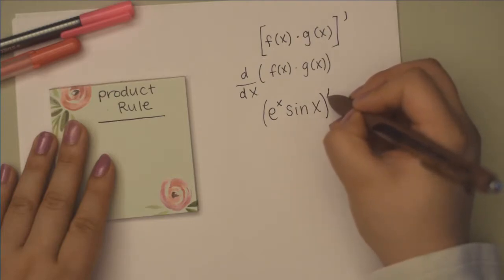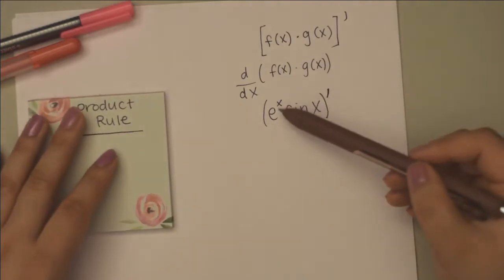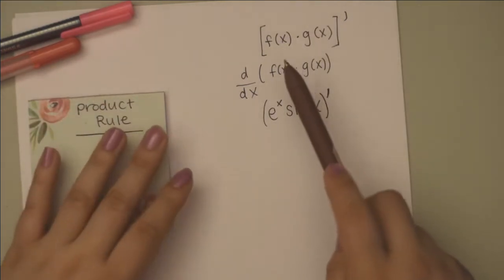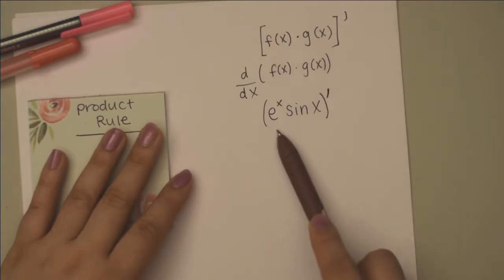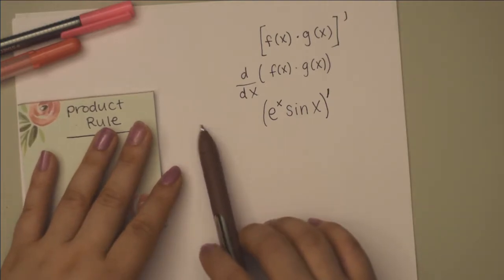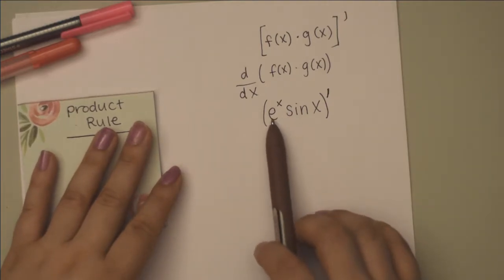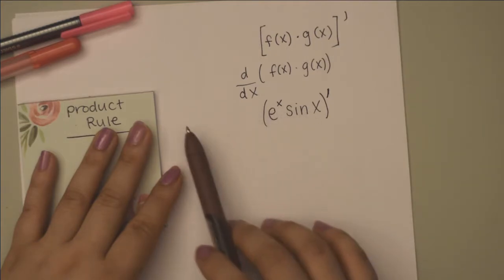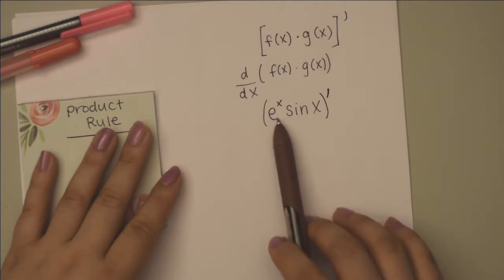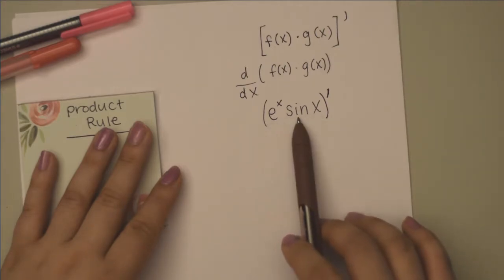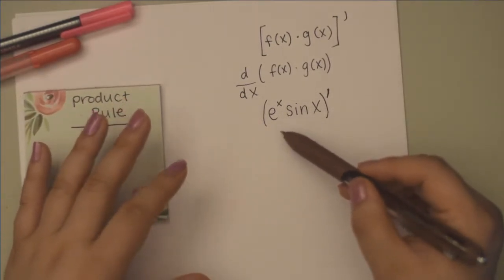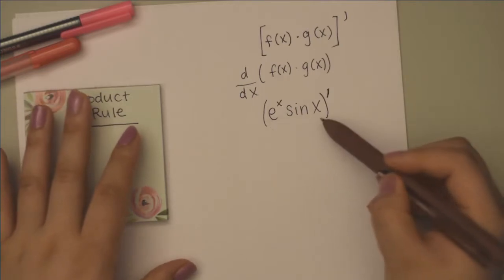So of course, you'll need to translate this notation into whatever your problem is, because, for instance, your problem might just say f of x equals this thing, and then what is the derivative of that f of x? But you'll notice that this is a product of two functions. So as you get more practice, you'll get the hang of how this works.